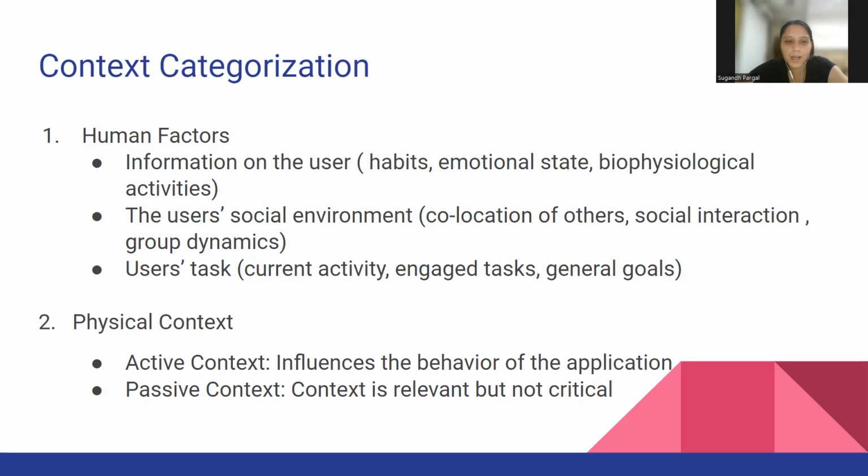Another major human factor is the user's task, like what activities the user is performing. So basically, activity recognition is a part of context awareness. In this, the current activity of the user, the tasks in which he is engaged, and the general goal of that user are identified.